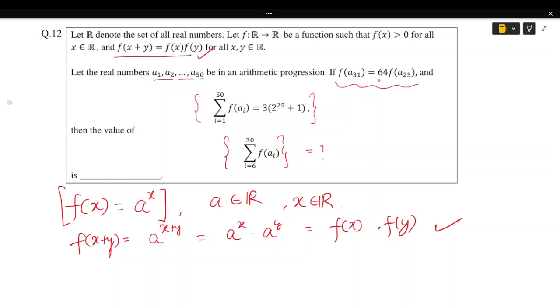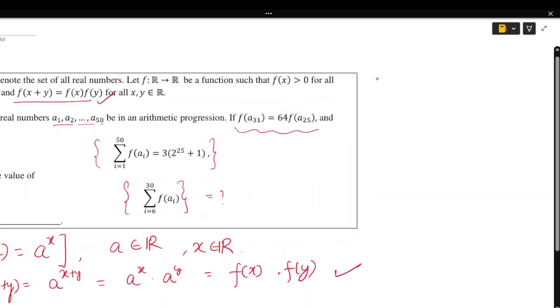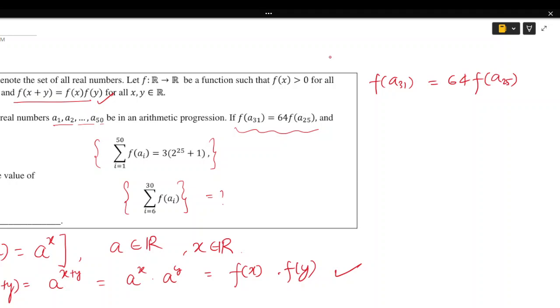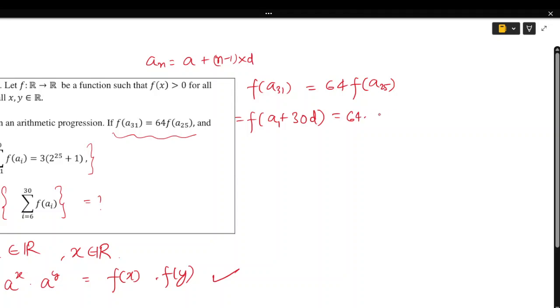Now since f of a31 equals 64 a25, so f of a31 equals 64 f of a25. Now, by the general term of AP formula, we know that an equals a plus n minus 1 times d. So f of a31 can be written as f of a1 plus 30d, where a1 is the first term of this AP, which will be equal to 64 dot f of a1 plus 24d.